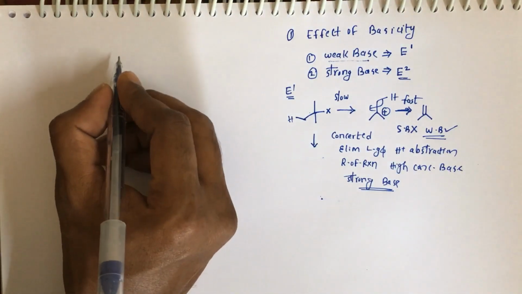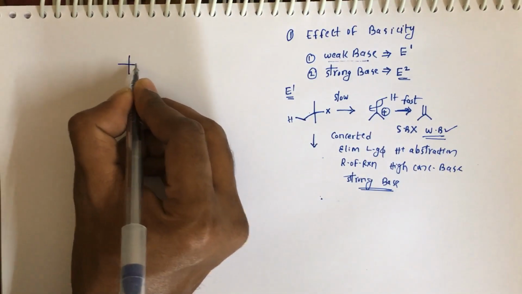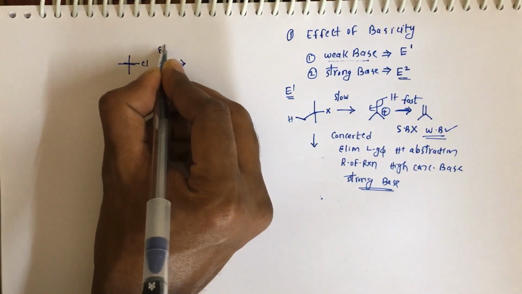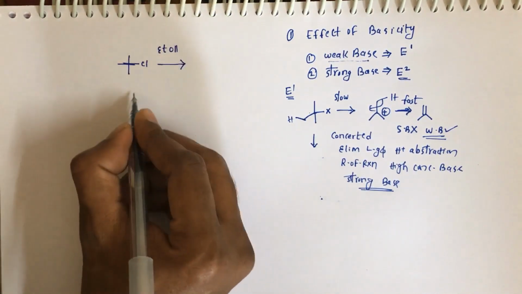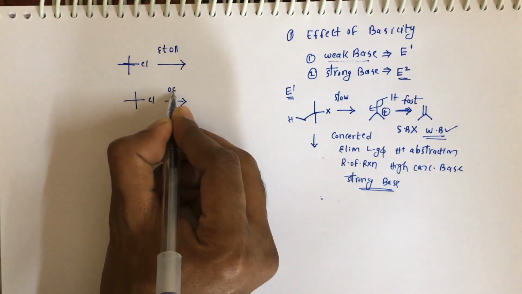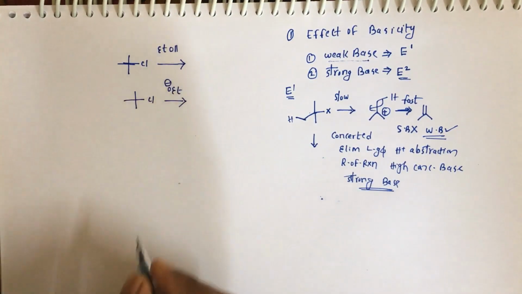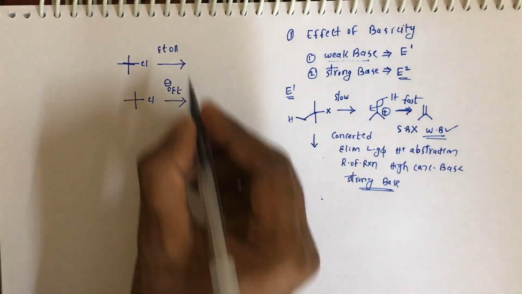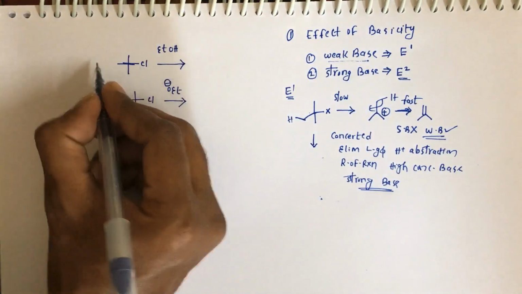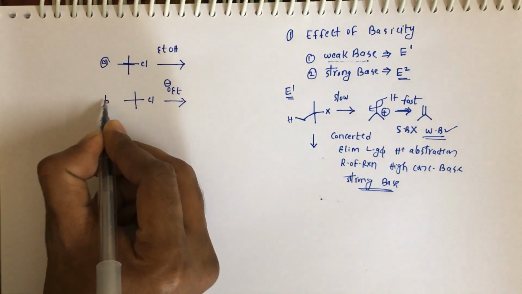And here we'll see some examples. Chlorine. Here we have compound A in the presence of ethanol, and the same example B in the presence of ethoxide. So the question is: what kind of reactions are favorable in compounds A and B?